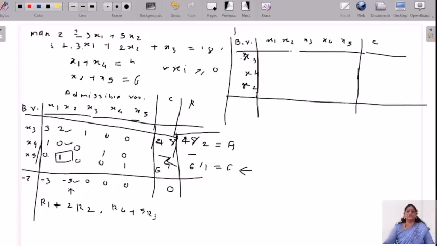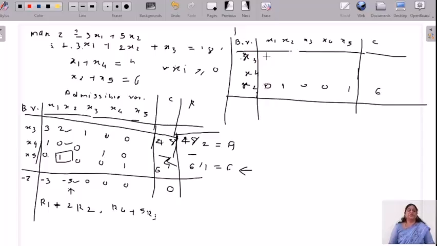In practice, it is an easy task. First, the third row is 0, 1, 0, 0, 1. This row is as it is.